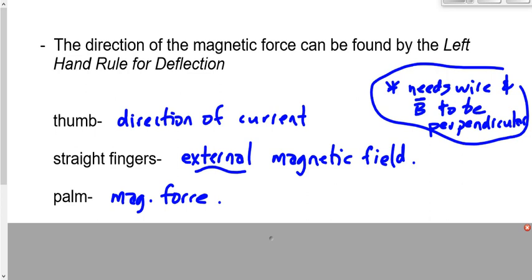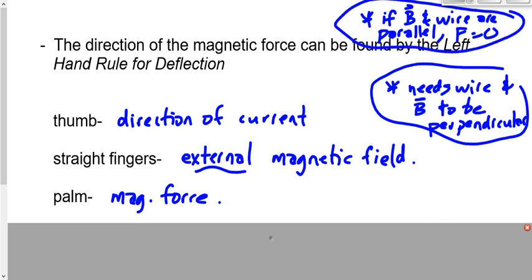If they're parallel, you can't use the hand rule, but the good news is the force is zero. And if the force is zero, you don't need to find the direction of it, right? If you've got a magnetic field pointing this way and a wire going this way, there is no magnetic force on that wire. So there's no point in having a hand rule to describe that if there is no force.